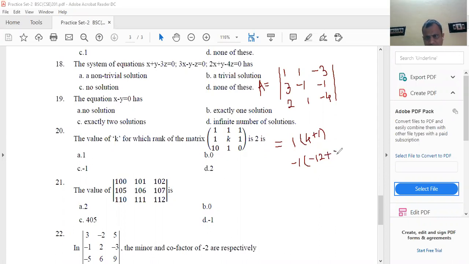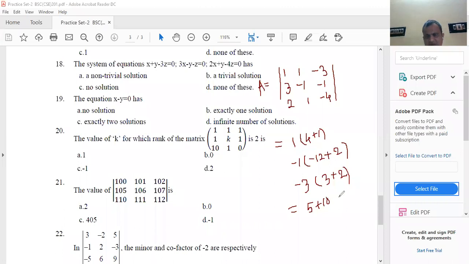The last one is minus 3 into 3 plus 2. So the ultimate result becomes 5 plus 10 plus 10 minus 15.